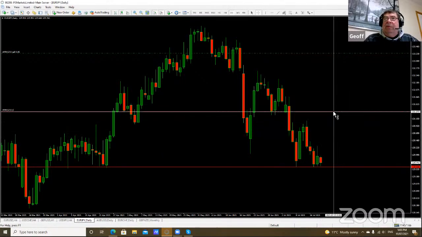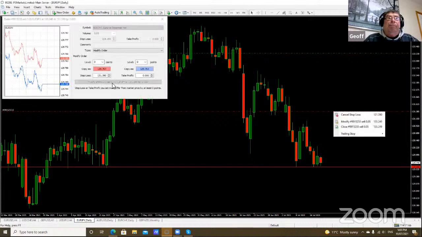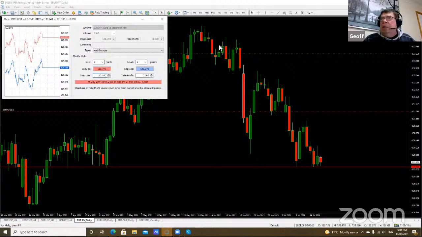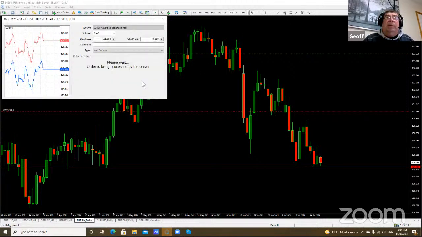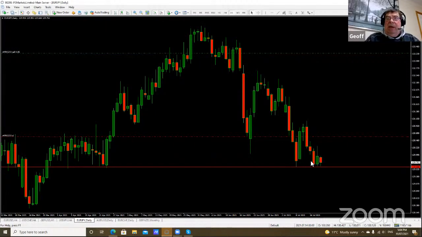I'm going to move my stops to there. 130.57. And that's locking in another 80 pips, roughly, 79 pips. So that one continues to go well for us.